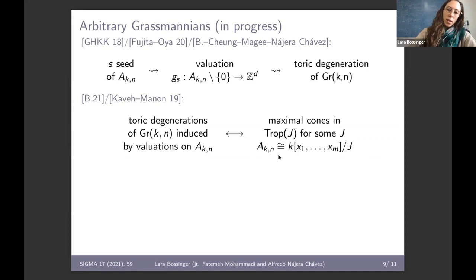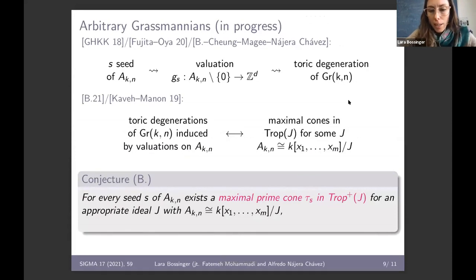Then, by simply writing down this map from the polynomial ring to your algebra and taking the kernel, that will give you a presentation. And the theorem says that in the tropicalization of this ideal, you will find some maximal cone whose initial ideal is a prime binomial ideal, so an ideal defining a toric variety that coincides with the toric variety that you found from the valuation.